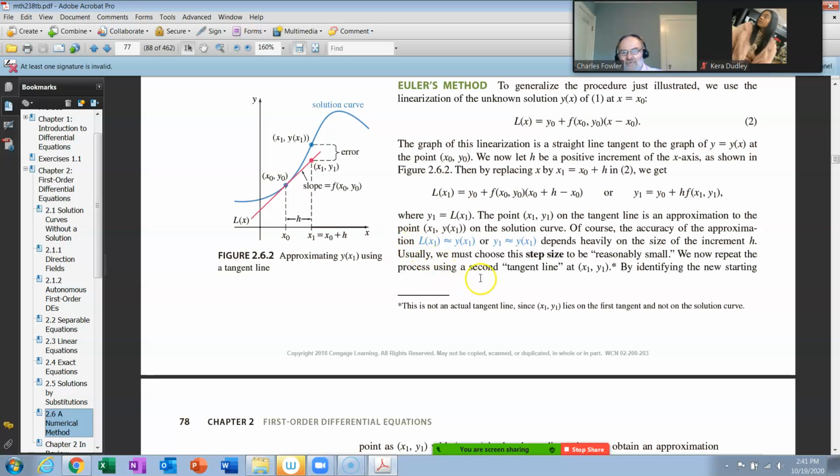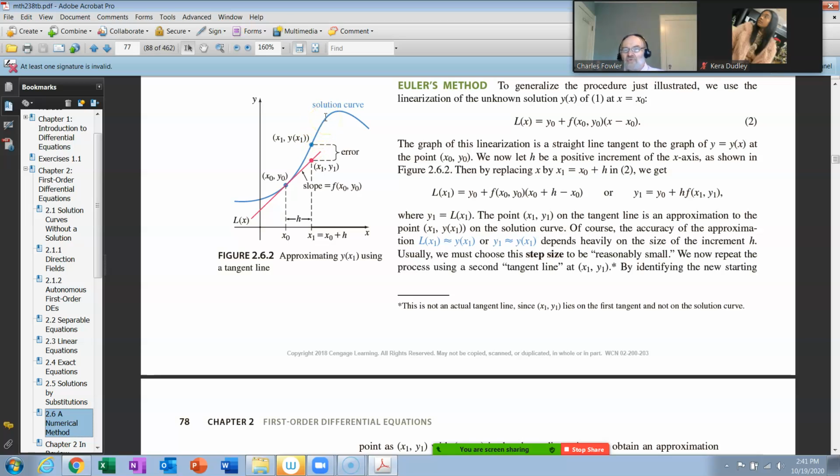Of course, the accuracy of that approximation depends heavily on the size of the increment. If you choose a much smaller h, then your error would be much less. But if you're going some distance away, like maybe to find the value at the point up here, if you choose a real small h, it's got lots and lots of steps to get there.